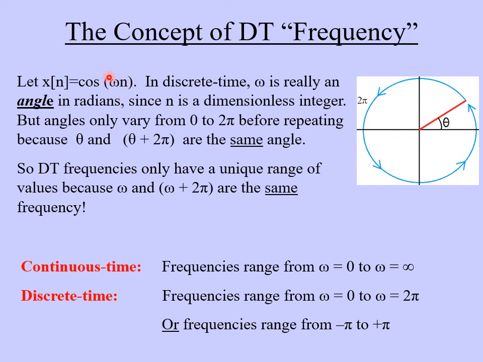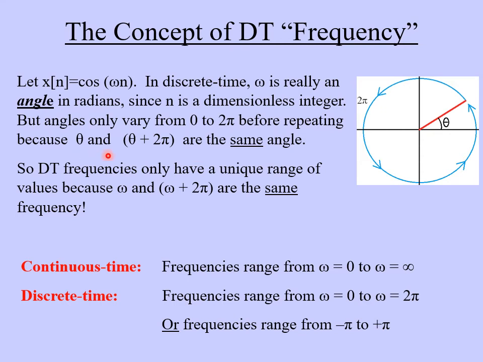So remember that the argument of a cosine function has to be an angle. So omega times n has to be in radians, and therefore omega has to be radians. So omega technically is just an angle. It's not really a frequency. Now, what's significant about this is that, remember, angles only vary from 0 to 2 pi before they repeat themselves.